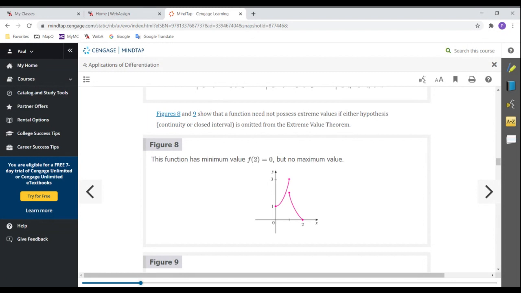It says here in figure 8, this function has a minimum value, f of 2 equals 0, but it has no maximum value. Isn't f of 1 equals 3 a maximum value in figure 8?